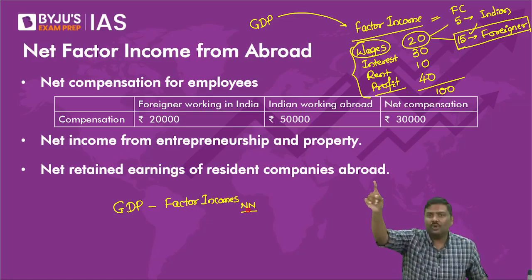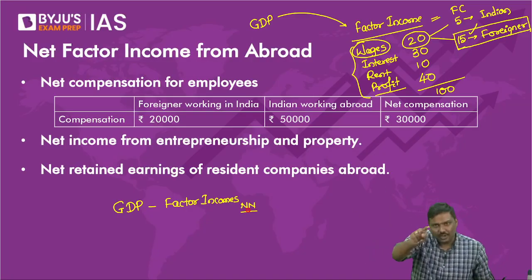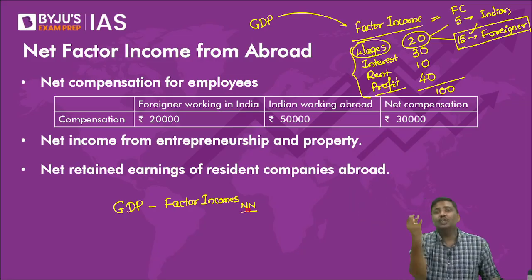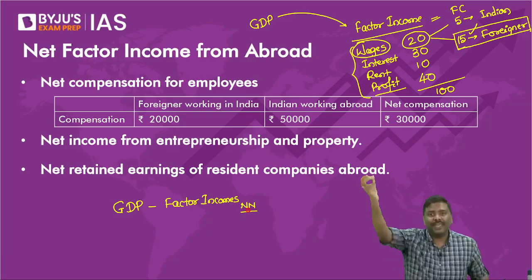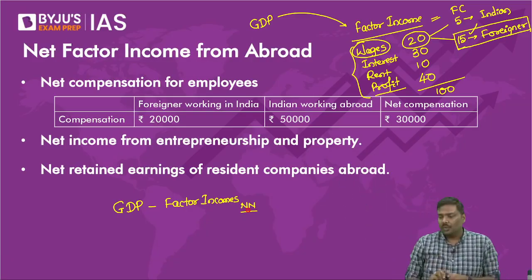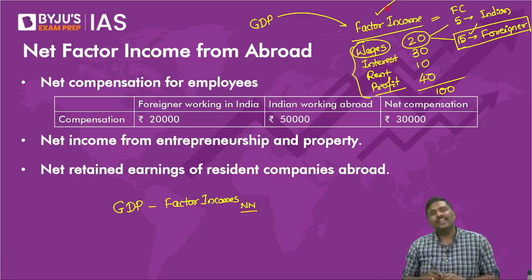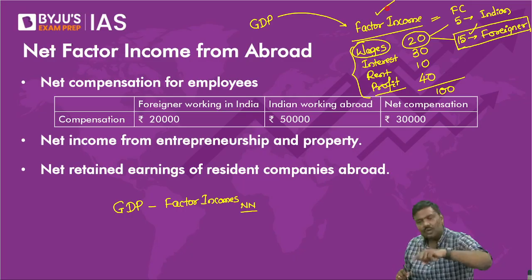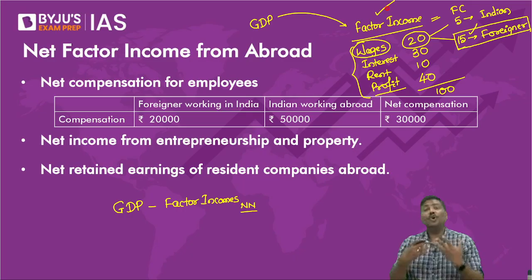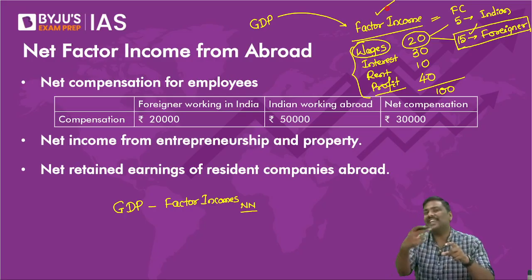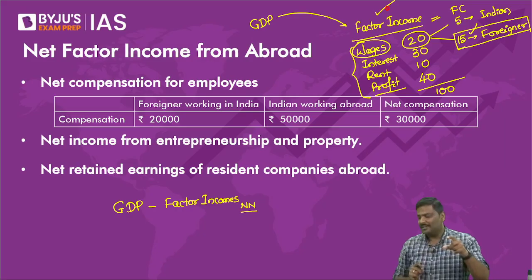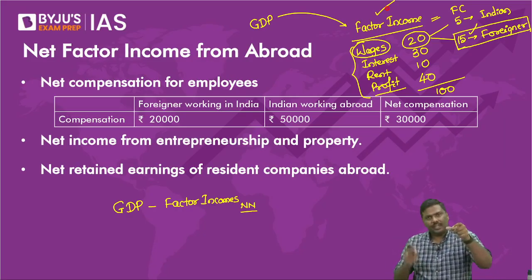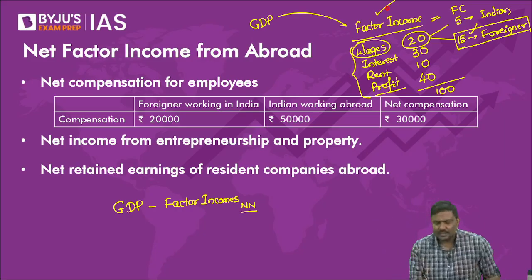You have gone to USA. Have a look at this. You have earned a salary of 10 rupees in the USA. Was it counted in the calculation of GDP? That is also factor income only. But because you have earned outside India, was that counted in GDP? No. But don't you think when you calculate GNP, it should be counted? Of course, yes. So what I will do?